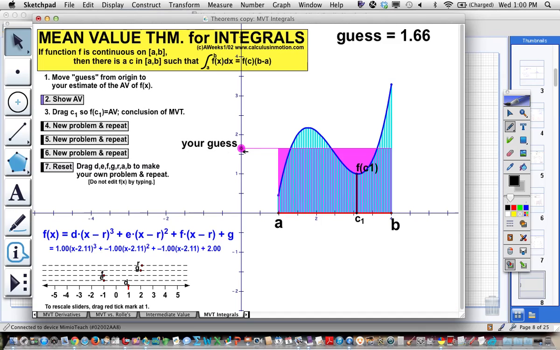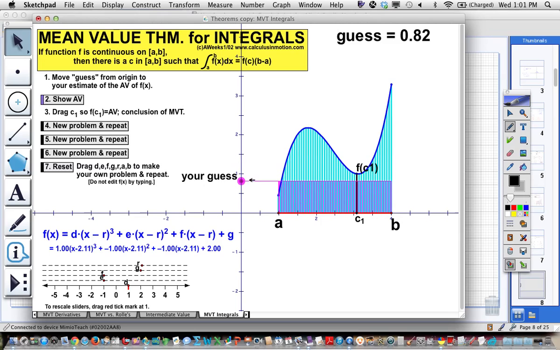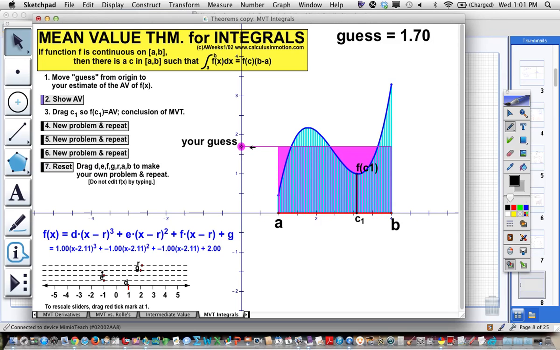What y value do you think is the average? Up here? Down here? Where do you think? Here's the number. Think it's a little higher? Just a little more, a little up. Just a little smidgen.